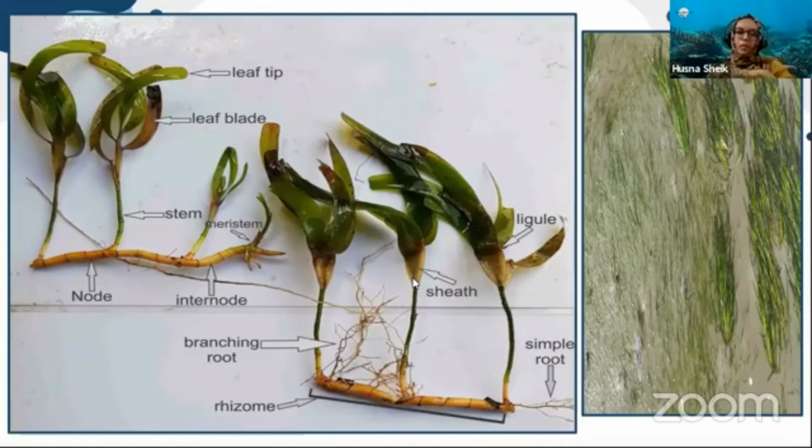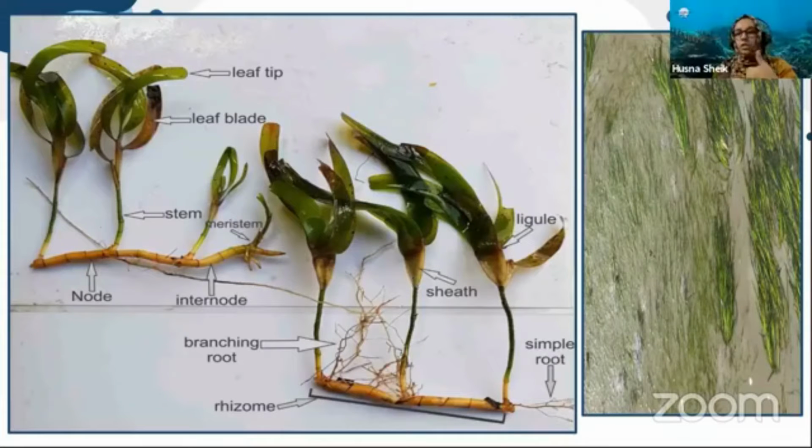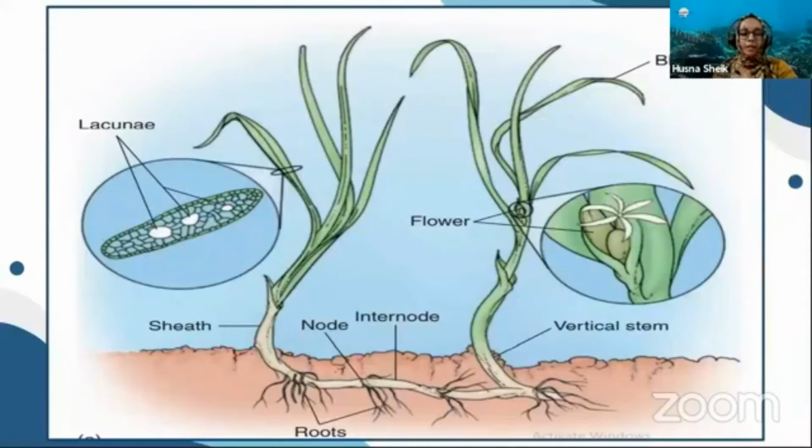These are the general structures you need to know about seagrass. So they have root, rhizome, stem, and leaf; they are plants. Here is another diagram showing this clearly. This is the stem, arising from the rhizome.